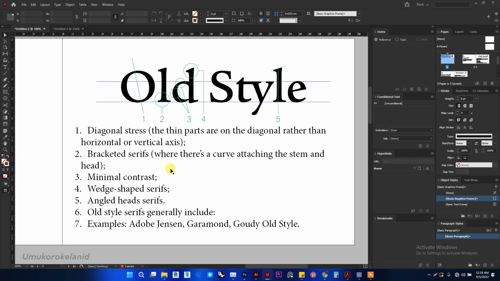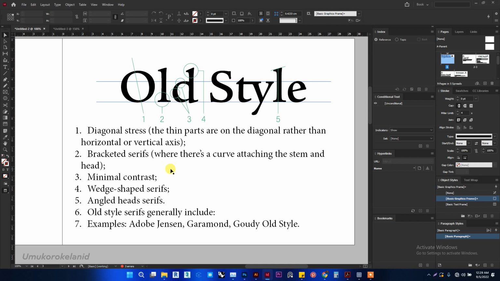The minimum contrast is actually talking about the thickness of the thickest side of the letter compared to the thinnest part of the letter. We'll talk about contrast, and we know contrast is just to show differences. So we should know with that number 3 what contrast actually means.